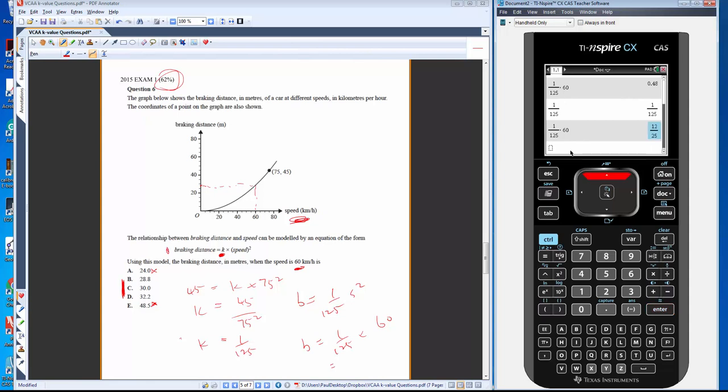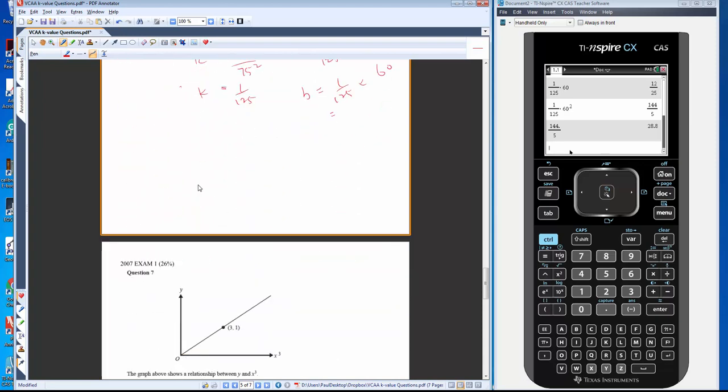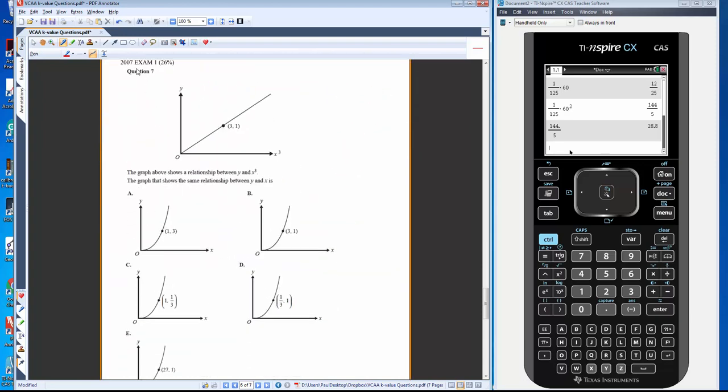That's why I'm not getting it right, because I've got to square it, of course. That gives 28.8. There you are. So the state did very well on this question. I wonder why it was. Maybe you just got it. But yeah.